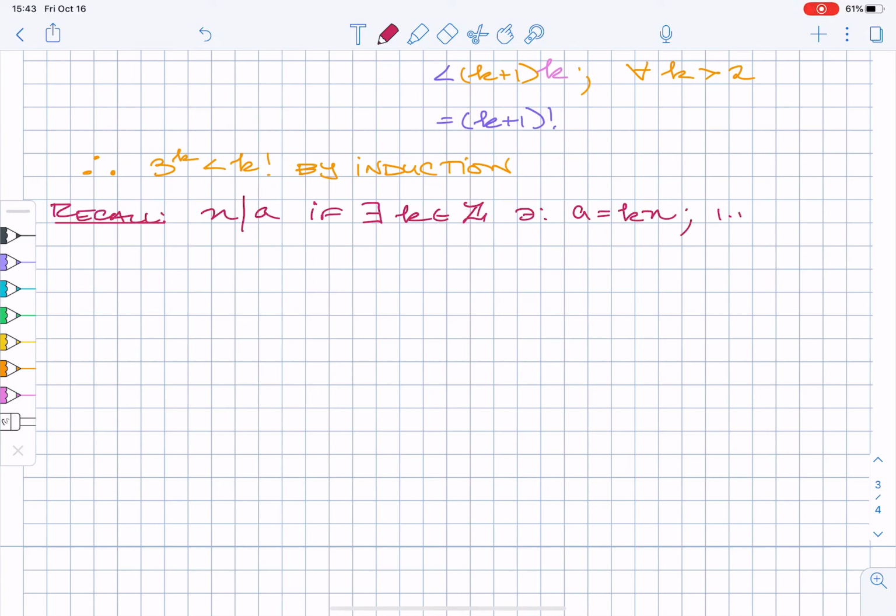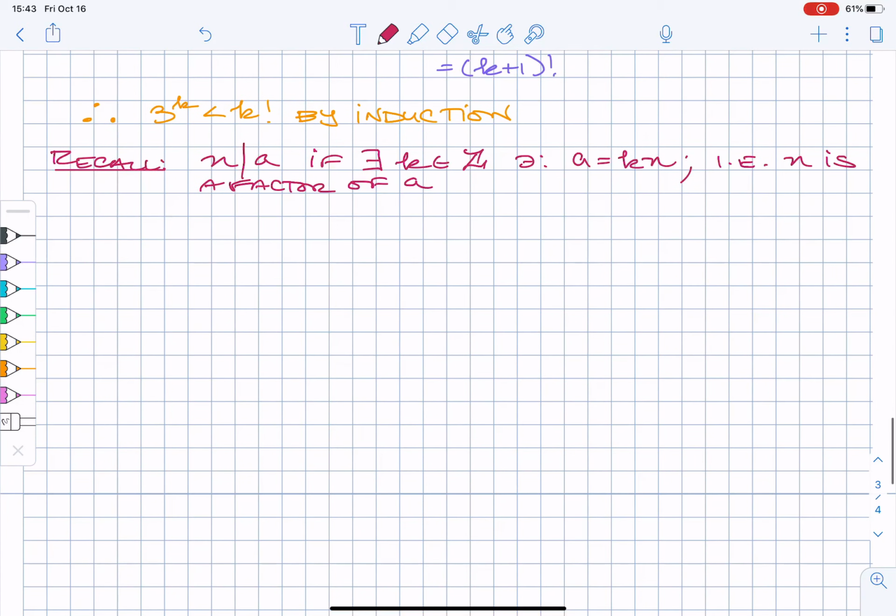That is, n is a factor of a. Okay, so when we say divides, we mean it's a factor. So for example, use mathematical induction.